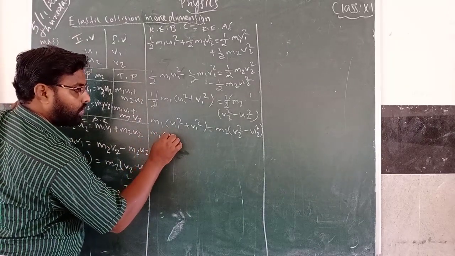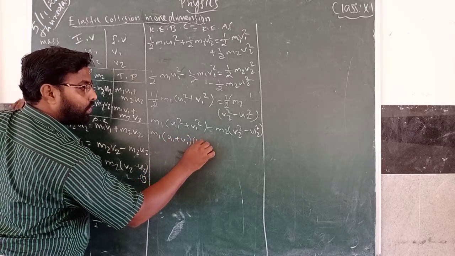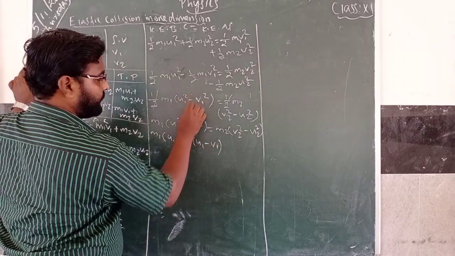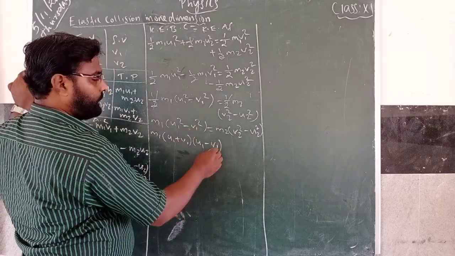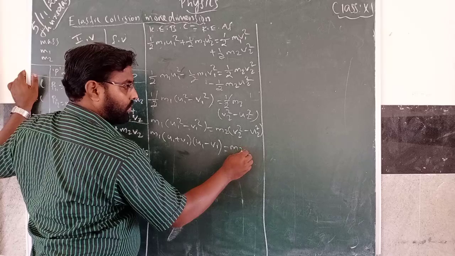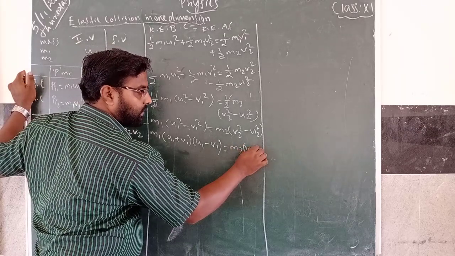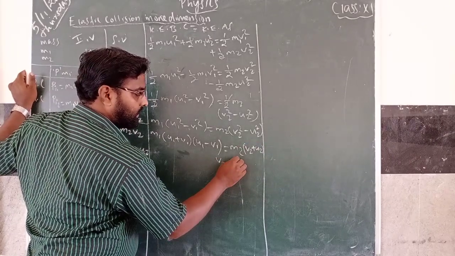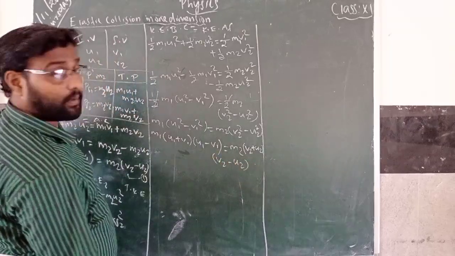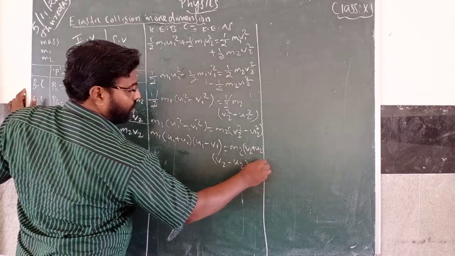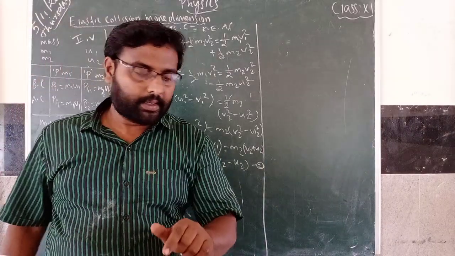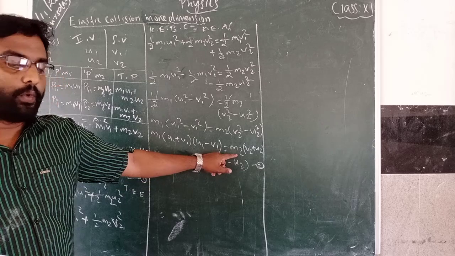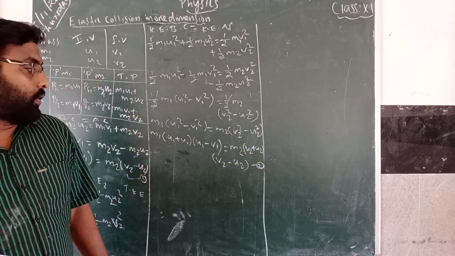So m1 into u1 plus v1 into u1 minus v1 equal to m2 into v2 plus u2 into v2 minus u2. Okay, this is equation 2.